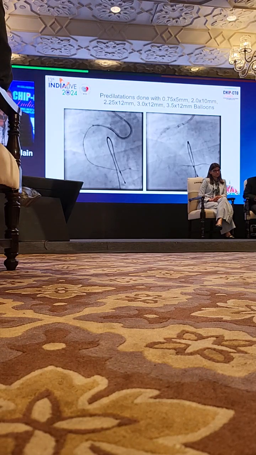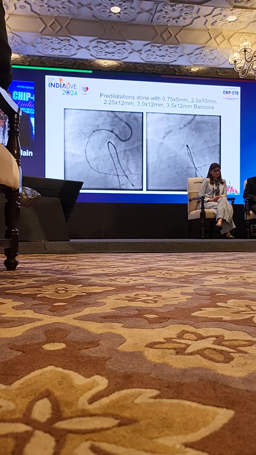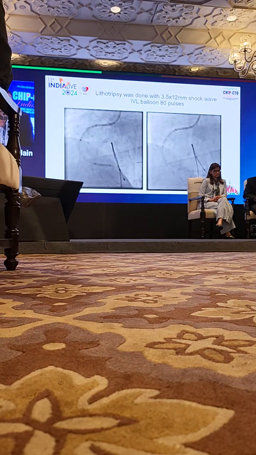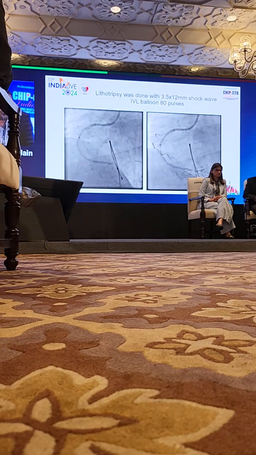I changed my strategy from a rota to IVL after my balloons went off, because of the severely calcified lesion. An IVL balloon of 3.5 was taken, and from the distal part before the bifurcation to the proximal part I gave almost 80 pulses, and the balloon expanded well.